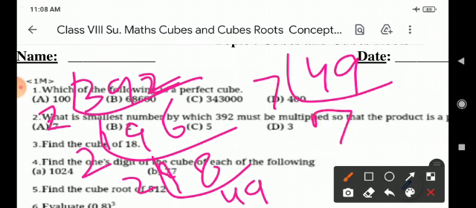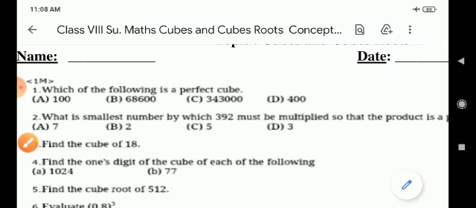If we multiply by 7, then 392 becomes a perfect cube, because the group of 2s is a cube and 7 into 7 into 7 is also a cube. That is, 7 is the smallest number by which 392 must be multiplied so that the product is a perfect cube. Okay children, question number 2.